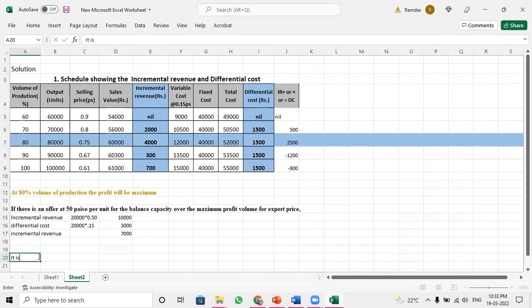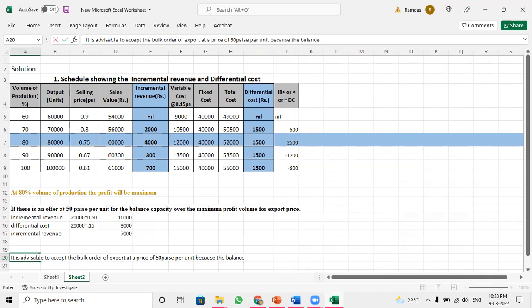So it is advisable to accept the bulk order of export at a price of 50 paise per unit, because the balance capacity of 20,000 units will be sold and will add a cost of rupees 3,000.